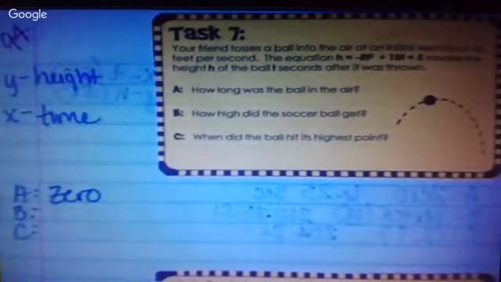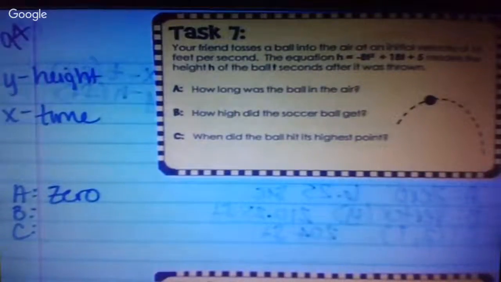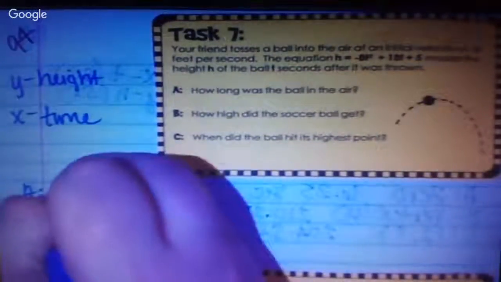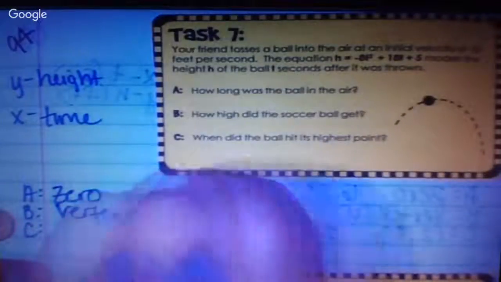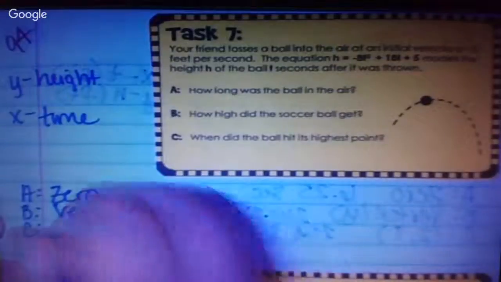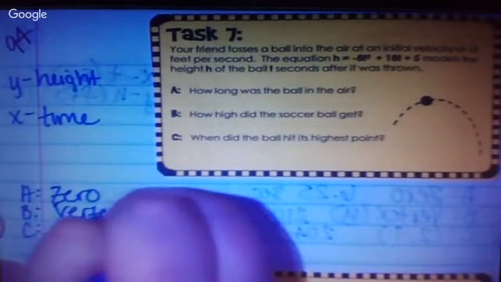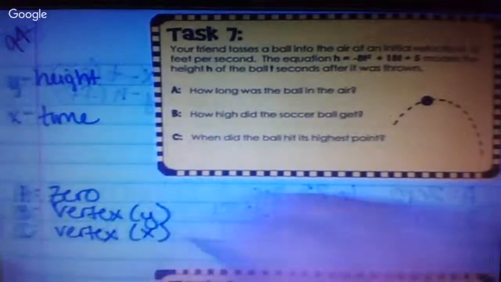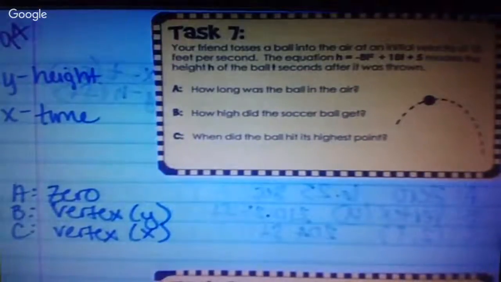How high did the soccer ball get? Vertex Y. And C, when did the ball hit its highest point? Vertex X. Good. X will tell you when. Y will tell you how high it got.